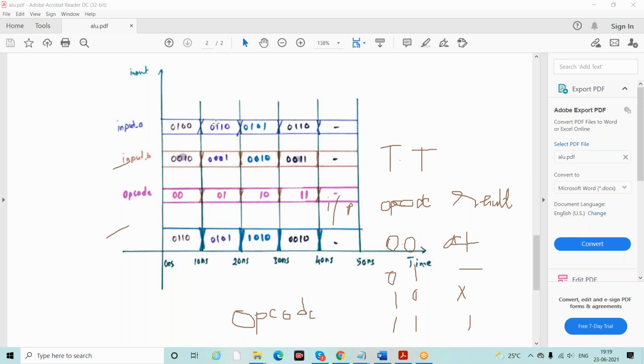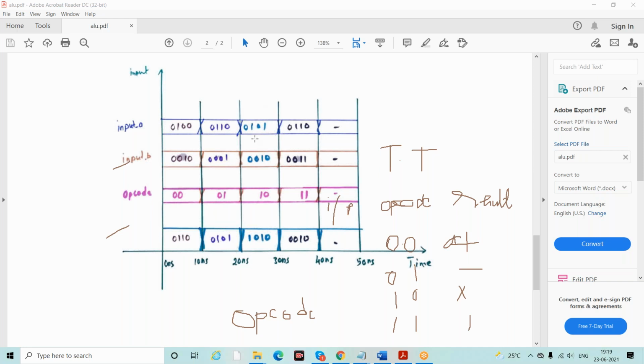In another time interval, input A is 6, input B is 1, opcode is 0 1. So 6 minus 1 is 0 1 0 1, that means 5.